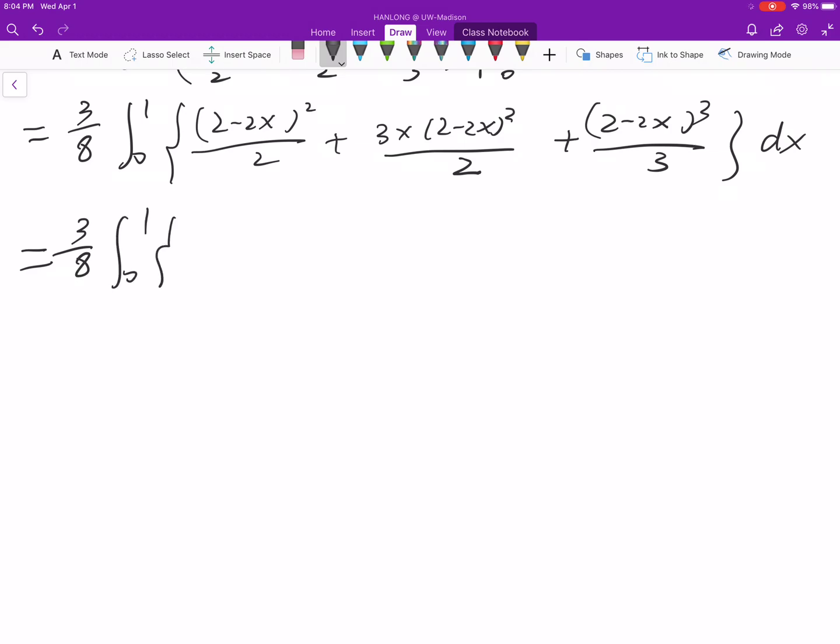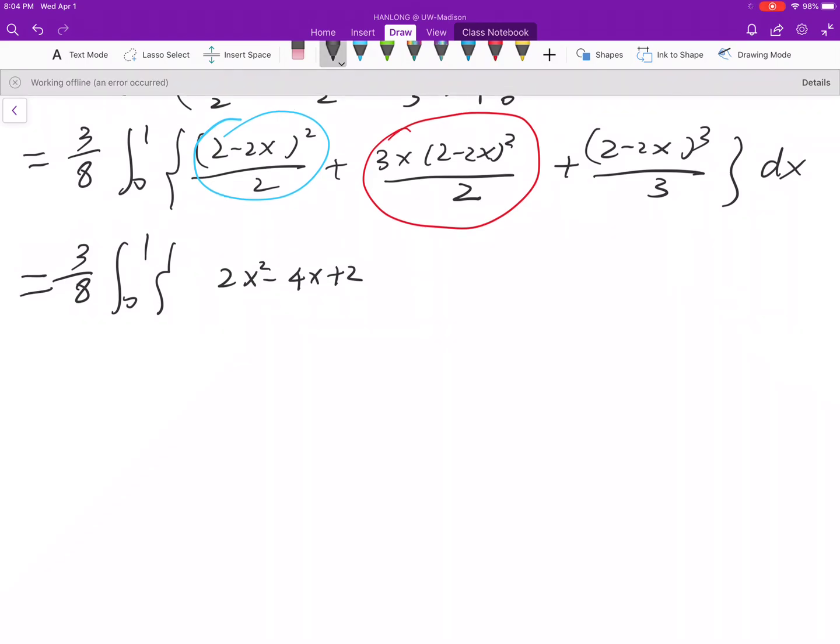Okay, we use the distribution law, and for this part you will have 2x squared minus 4x plus 2. And then for this part, you will have 6x cubed minus 12x squared plus 6x.